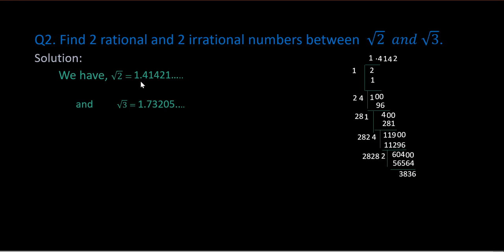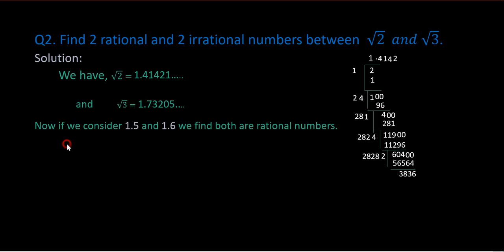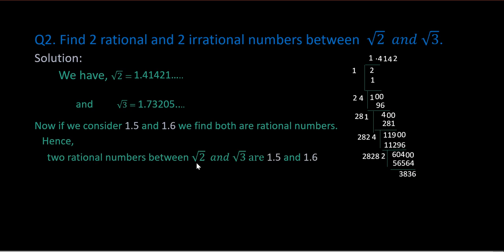So let us take after 1.4 we can take 1.5, then 1.6. So now let us consider 1.5 and 1.6. Both are rational numbers. So we can write two rational numbers between root 2 and root 3 are 1.5 and 1.6. Now let us take irrational numbers now.